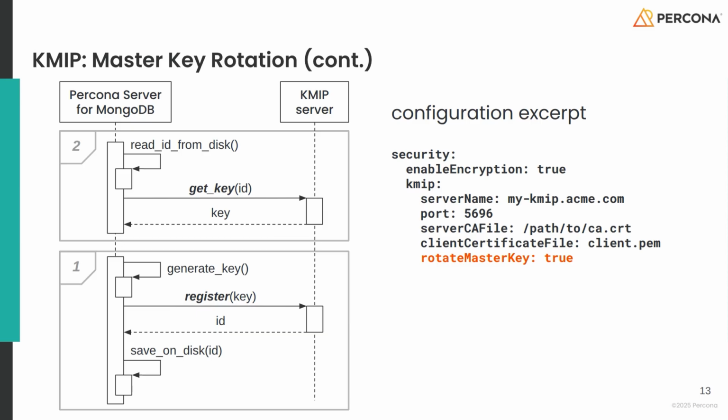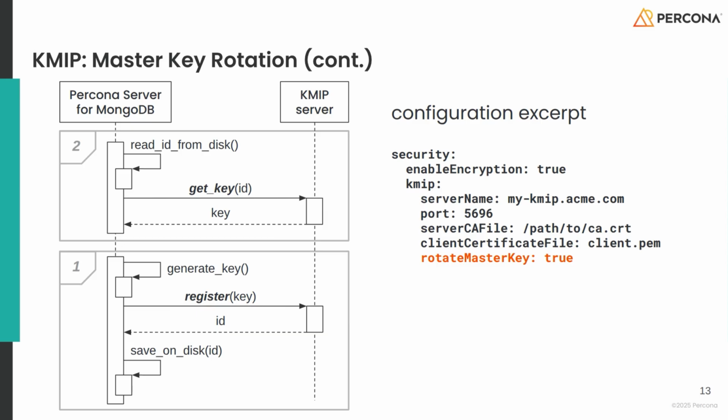And the ID of that new key goes to the disk. Usually, master key rotation doesn't take much time because we saw that it needs only to re-encrypt the encryption key database rather than all the data set.